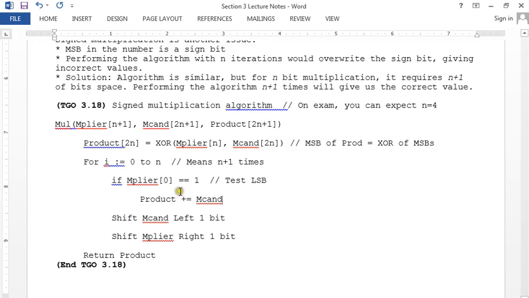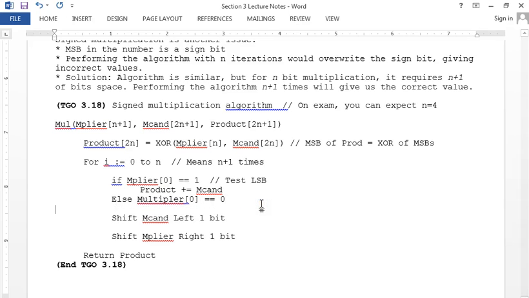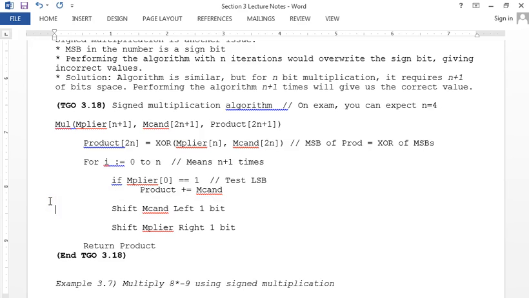Some of you have said you haven't really dealt with algorithm notation. So you wouldn't have to write this in the write-up: else, multiplier 1, 0 equals 1 equals 0, or do nothing. If you're not doing anything, you don't have to add that in there, so that's why it's not included.